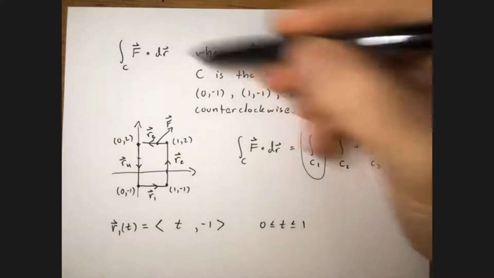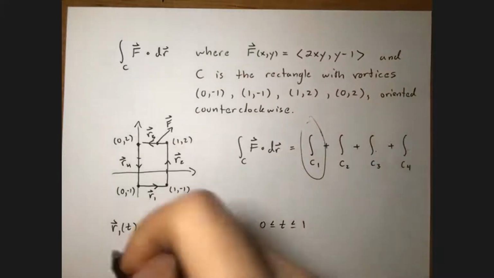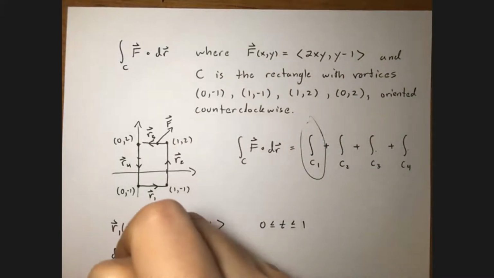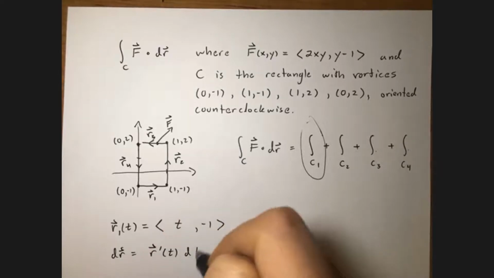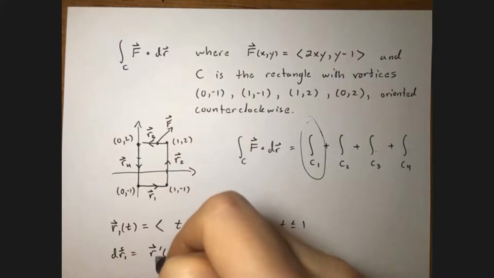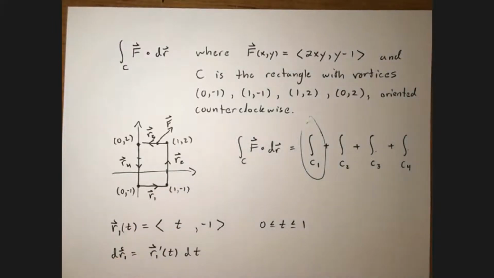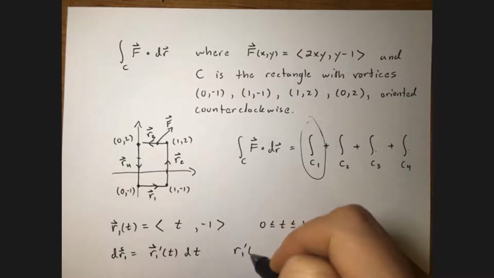Now, to do this integral here, we need to find dr. Remember, dr is r prime of t dt. So this is going to be dr1, which is r1 prime of t dt. So we're going to find r1 prime of t.